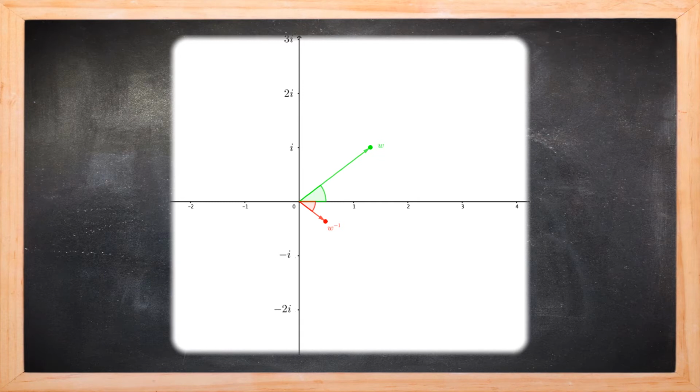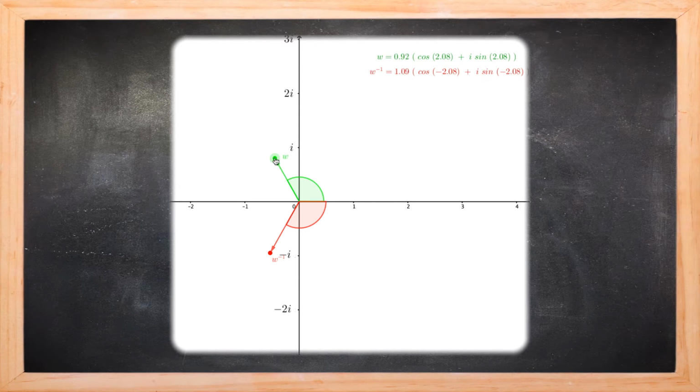And if we look at the polar forms, the arguments are equal, opposite sign, and that's true wherever I put the vector w, as you can see. The calculations always give me the same for w to the minus 1, but the opposite sign.